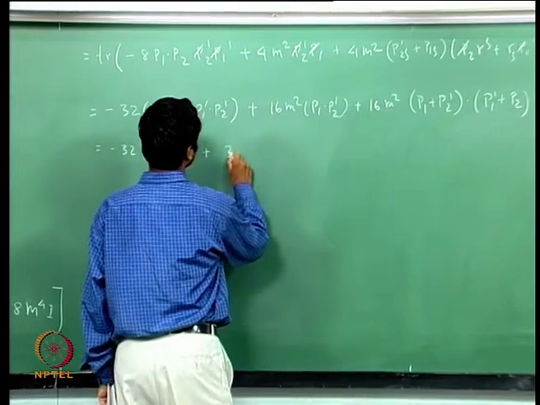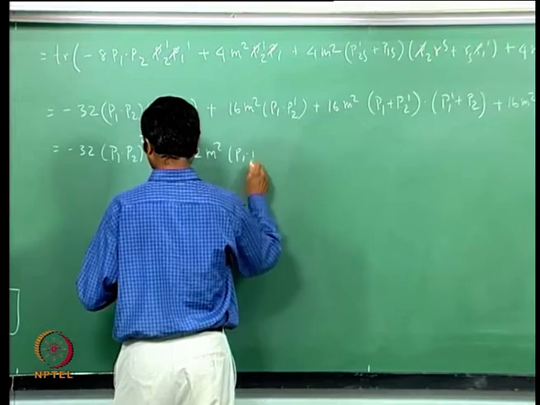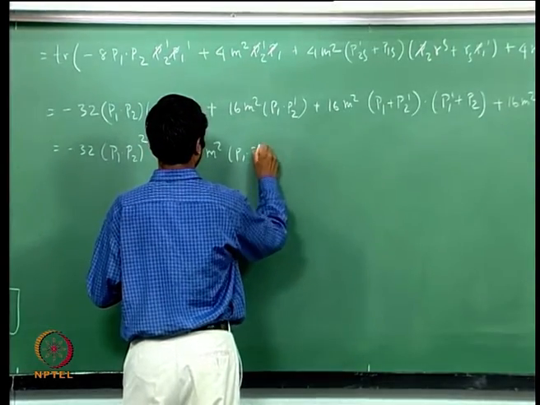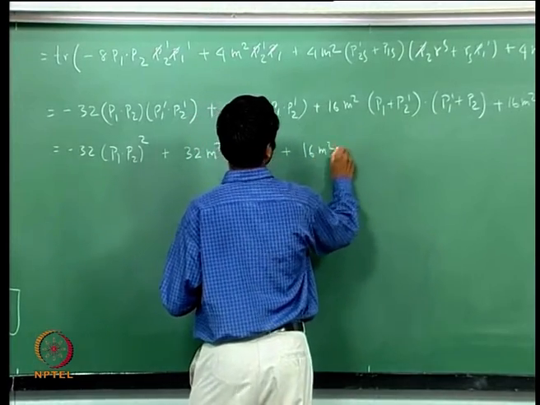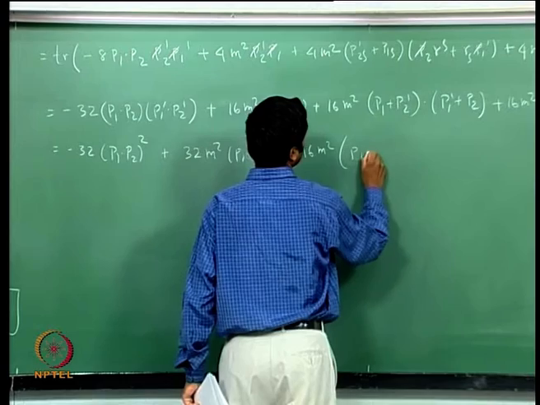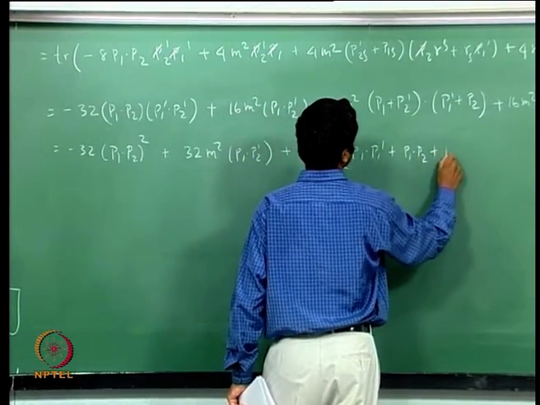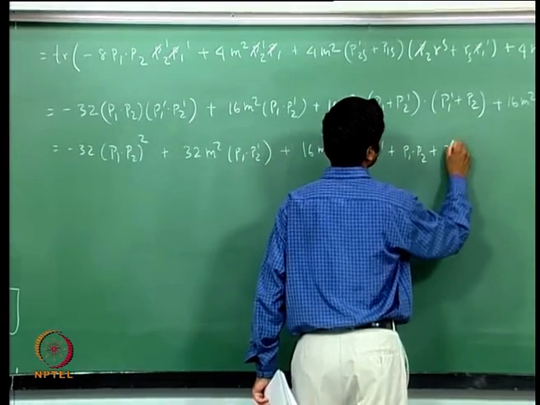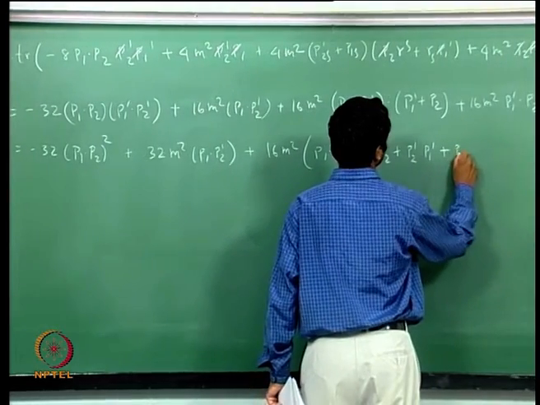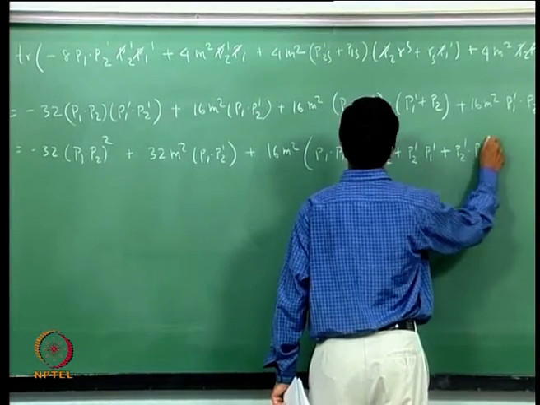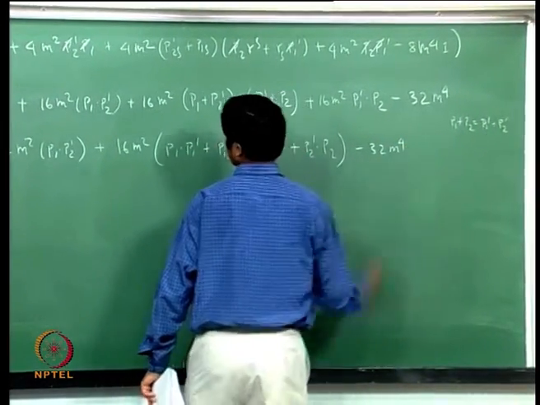So, this is 32 m square p1 dot p2 prime, and then 16 m square, I can write it as p1 dot p1 prime plus p1 dot p2 plus p2 prime dot p1 prime plus p2 prime dot p2, and minus 32 m fourth.